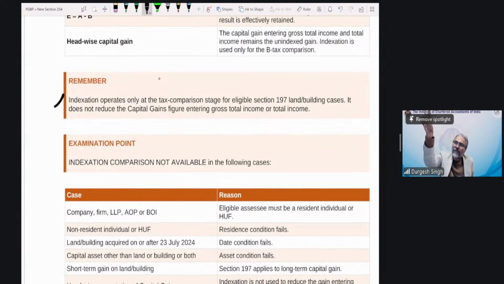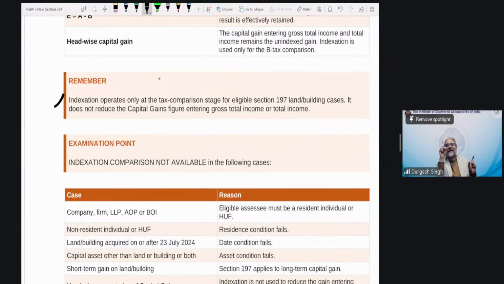Means simply full value of consideration, less expenses of transfer, less cost of acquisition. That's it, and that is the capital gains. That capital gains is a long-term capital gain, but without indexation, it will enter your total income. When you calculate your tax liability, at that time, the amount which is included in your total income is there.